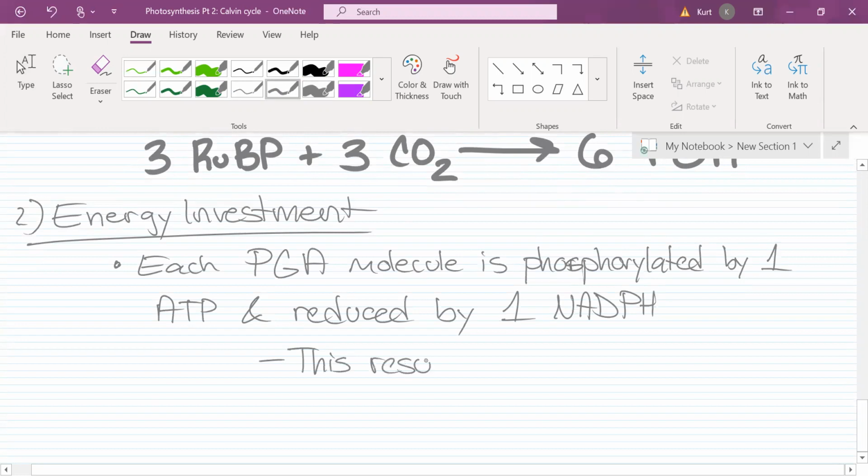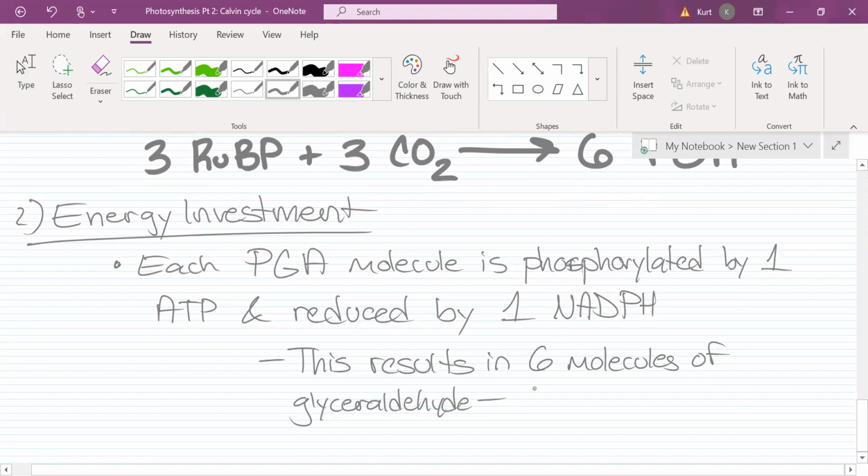This results in 6 molecules of glyceraldehyde 3-phosphate. This is called G3P.